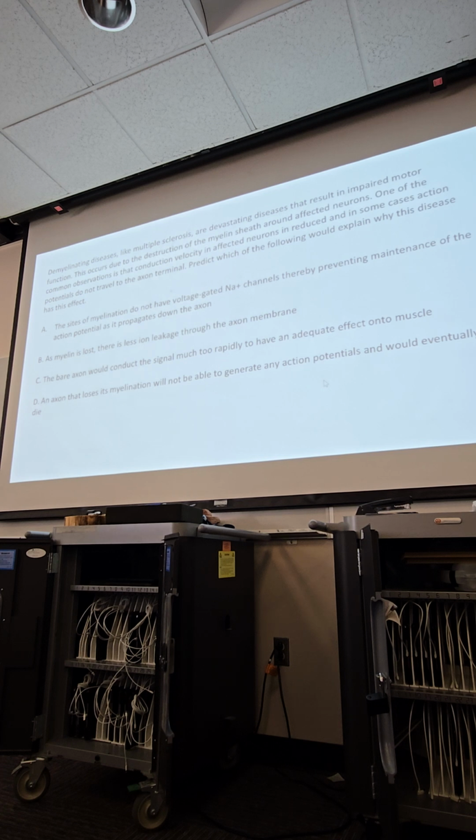D: myelination does not have voltage-gated sodium channels and thereby prevents maintenance of the action potentials that propagate down the axon.